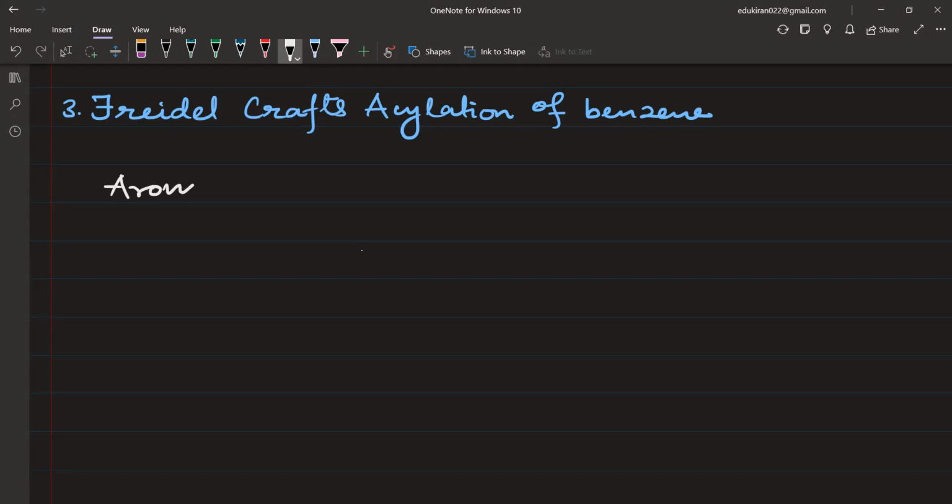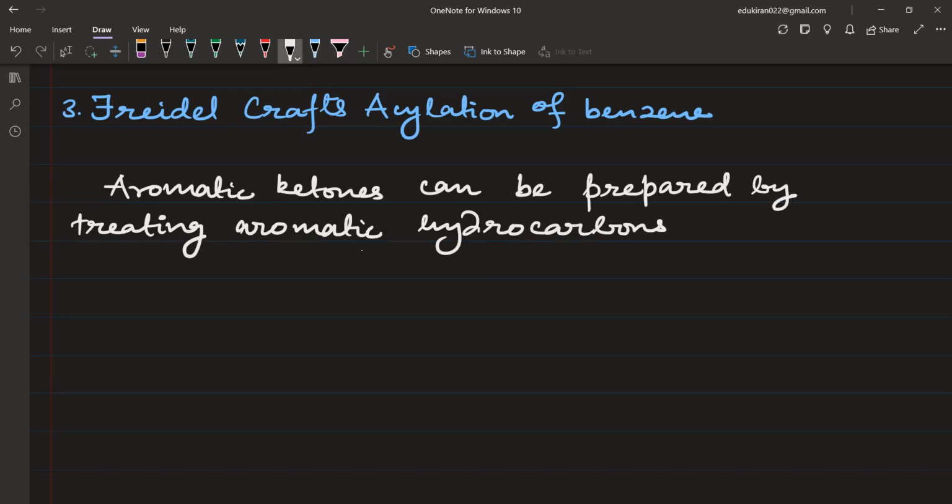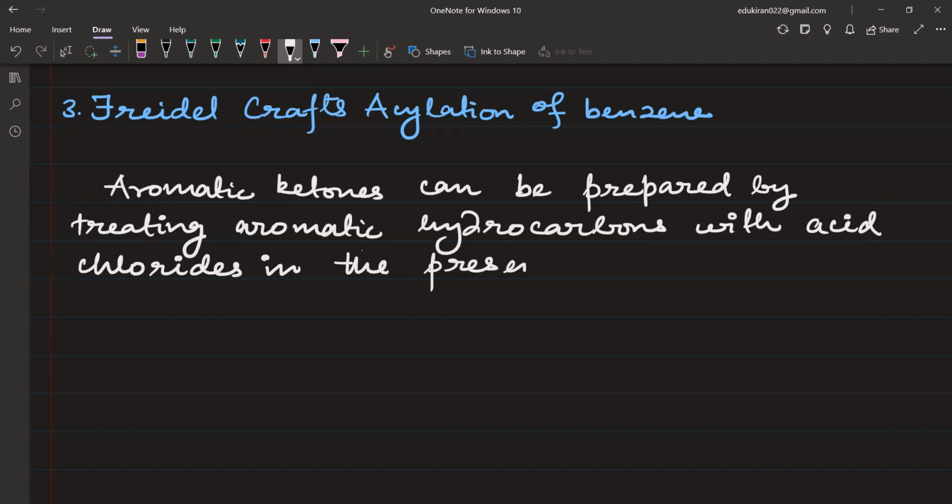Aromatic ketones can be prepared by treating aromatic hydrocarbons with acid chloride in the presence of anhydrous AlCl3.